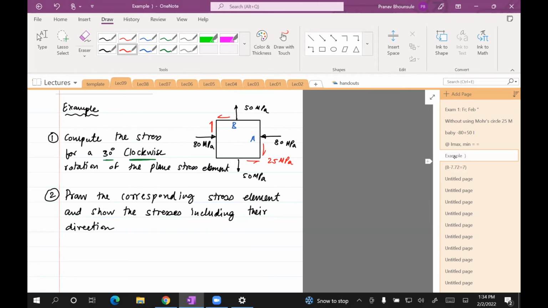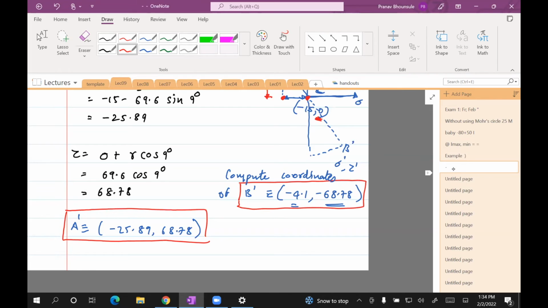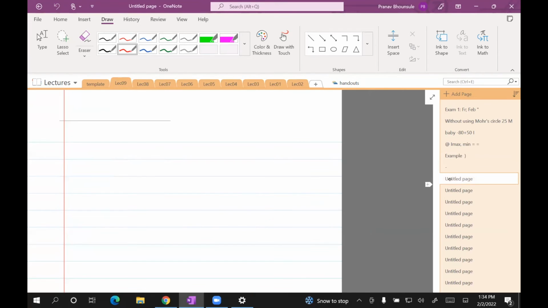So what we need to do is now turn the element by 30 degrees clockwise and show these stresses, which we just computed, on the stress elements. Let's do that. This is just for reference. This is the original configuration that's rotated by 30 degrees in the clockwise direction.